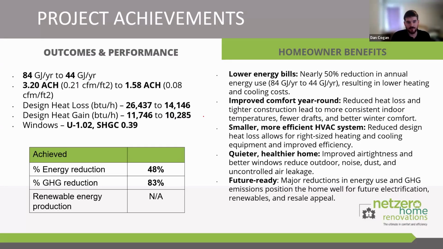So after everything you've heard today, you may see that 0.39 solar heat gain coefficient and think that it's too high, but the window to wall ratio of this house fell between 12 and 13%. And going back to what Mark said, when the window to wall ratio reaches 17% or higher, that's when you probably would want to explore lower solar heat gain windows.